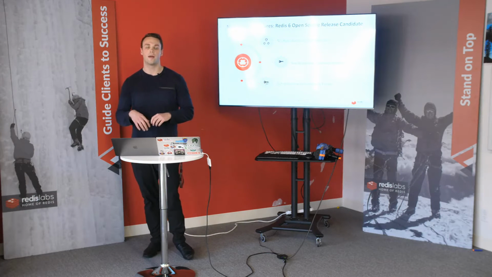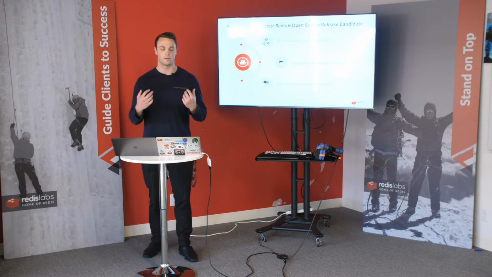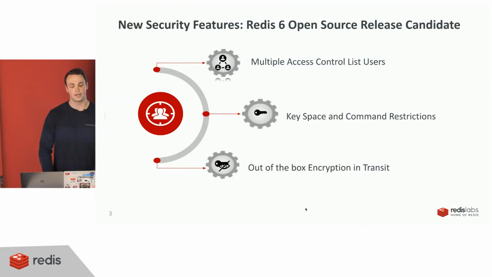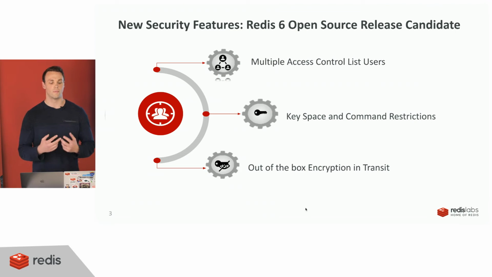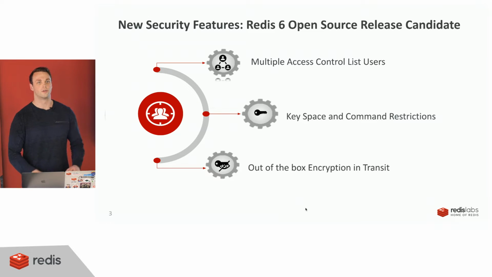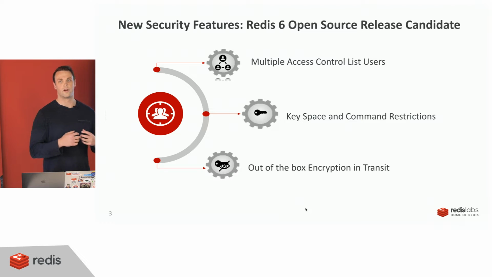We've implemented 3 primary features within the Redis open source community, and we're really excited about these. First is the ability to use multiple access control list users. In traditional databases, you're very used to having the concept of multiple users. However, in Redis, prior to the 6.0 release, we've relied specifically on shared secrets, and that is a paradigm shift within Redis.